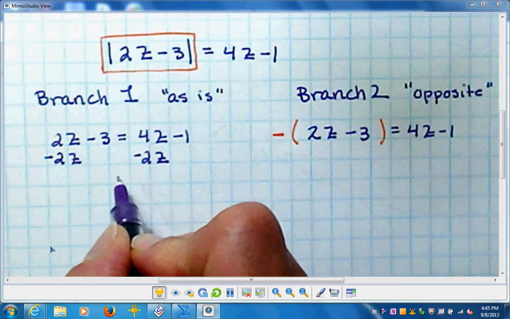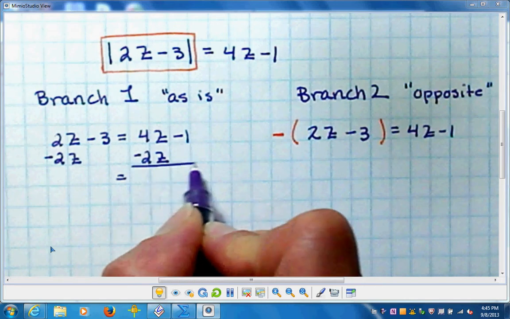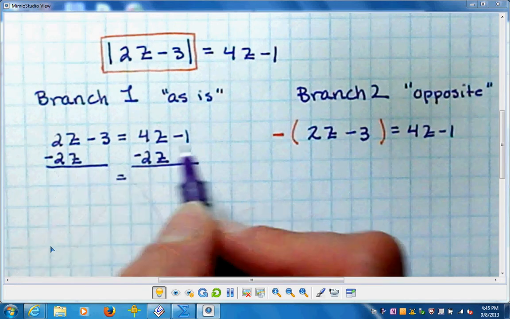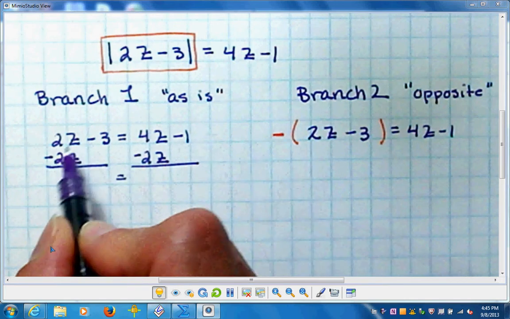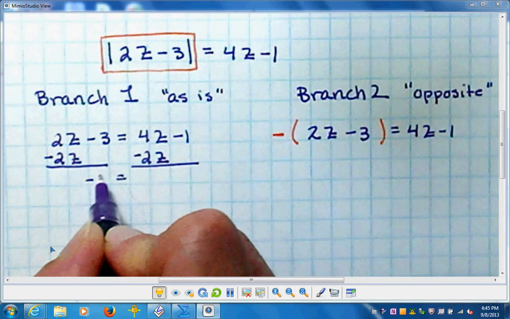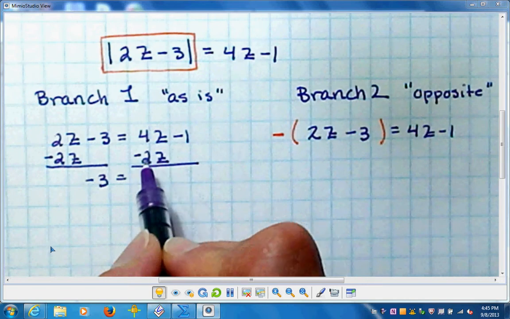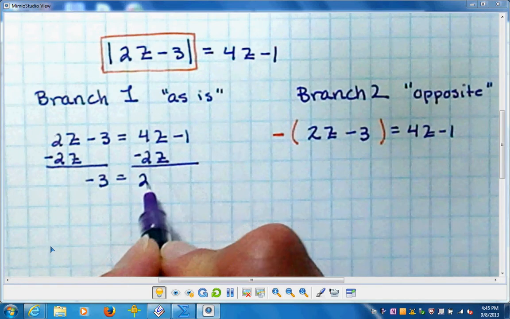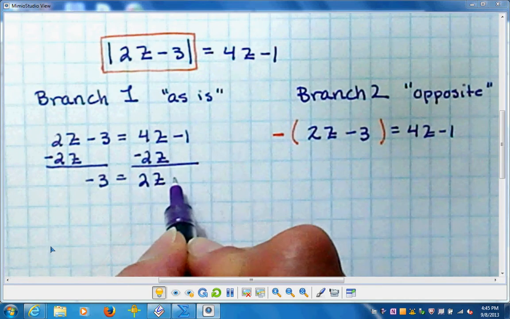And I like positive numbers. So I always strive for positive numbers. So 2z minus 2z is 0. Bring down the negative 3. 4z minus 2z gives me 2z. Bring down the negative 1.